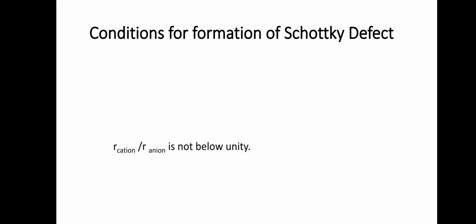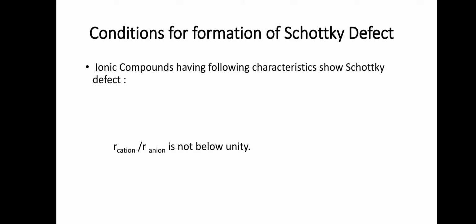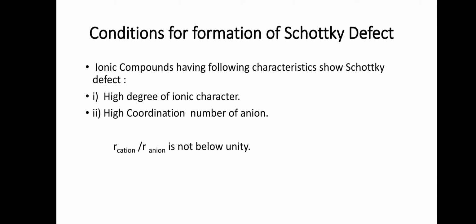Now, under which conditions do Schottky defects arise? Ionic compounds having the following characteristics show Schottky defect. The first characteristic is that a compound which has a high degree of ionic character can show Schottky defect. A compound which has a high coordination number of anion shows the Schottky defect.